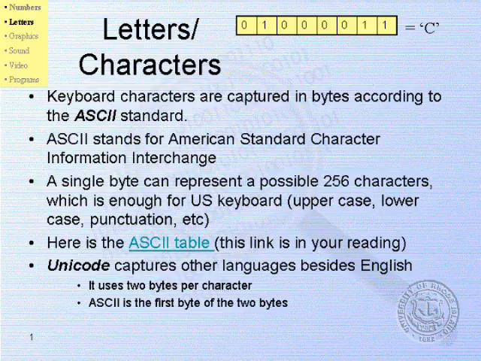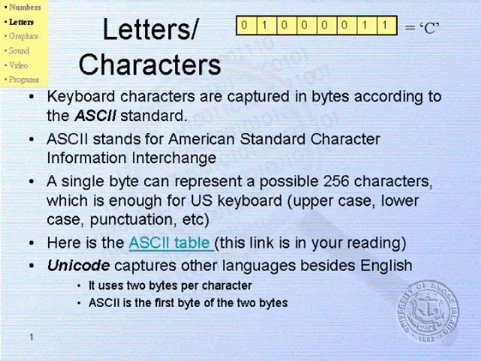So with 1 byte, the ASCII standard could define what each keystroke on a U.S. keyboard should be represented as. Basically, that's what a keyboard does. If you hit a capital C on your keyboard, this byte pattern, the byte pattern we've been studying, gets sent to the computer over the keyboard's connection to the computer.